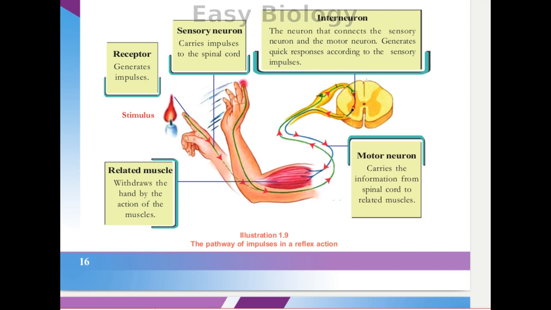In the next step, the interneuron connects the sensory neuron and the motor neuron, and it generates quick responses according to the sensory impulses. And the motor neuron carries the information from the spinal cord to the related muscle, and with the help of the related muscle, the hand is withdrawn.